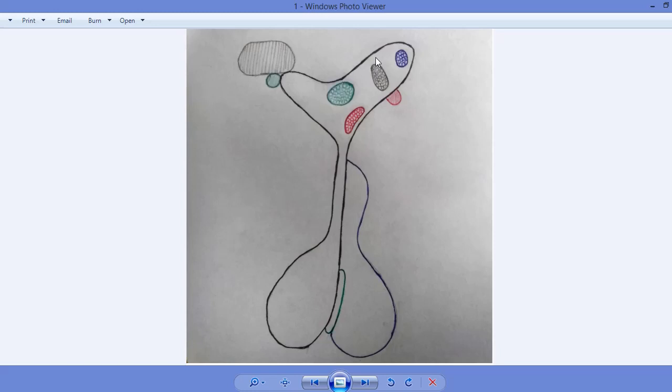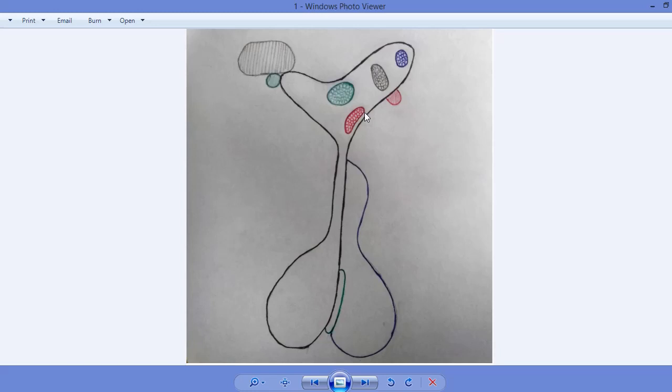What is a nucleus? A nucleus is a collection of cell bodies inside the brain. For the supervision of the anterior pituitary gland, three nuclei are responsible: this blue one, this green one, and this red one.